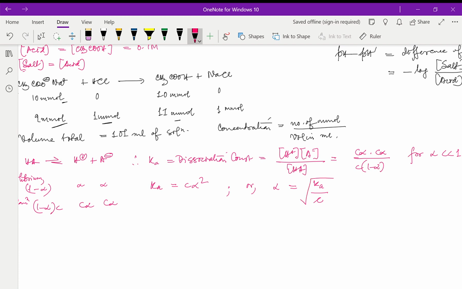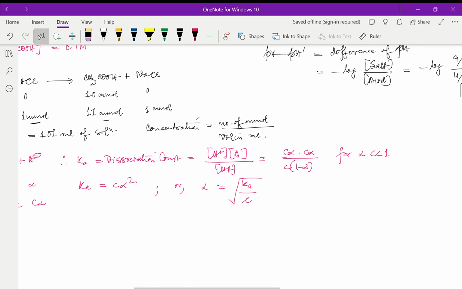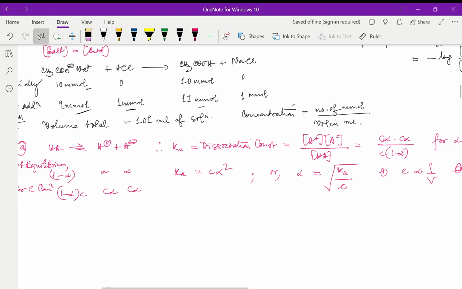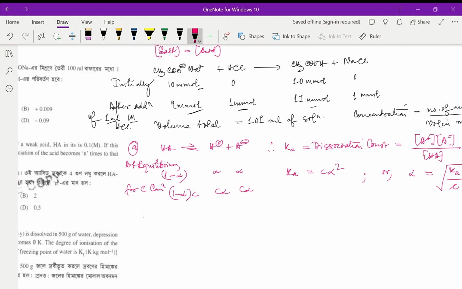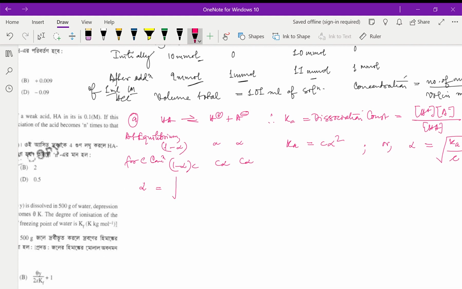Or we know that the concentration is inversely proportional to volume. As volume increases, concentration decreases. So using equation 1 and equation 2, I can now write alpha as root of KaV.